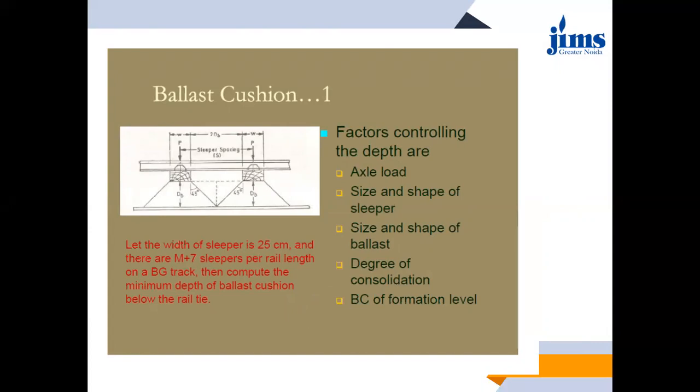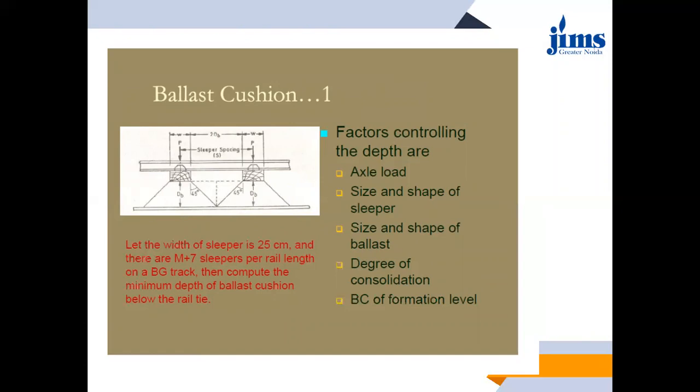Okay. Now, what are the factors that control the depth of ballast cushion? These factors are the axle load which is coming over the ballast, then the size and shape of the sleepers which are going to be applied in the P-way track. Then the size and shape of the ballast also governs the depth of ballast cushion.